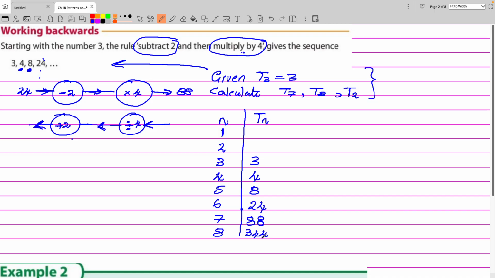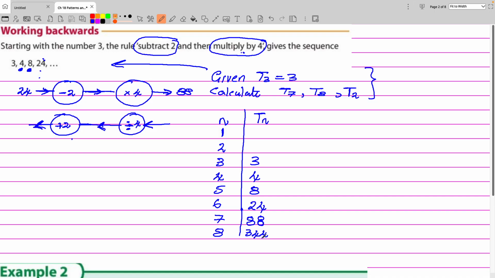Basically, subtract 2 and multiply by 4. Now, this is from this number here. Subtract 2 and multiply by 4. So when you subtract 2 and multiply by 4, what are you going to get next?